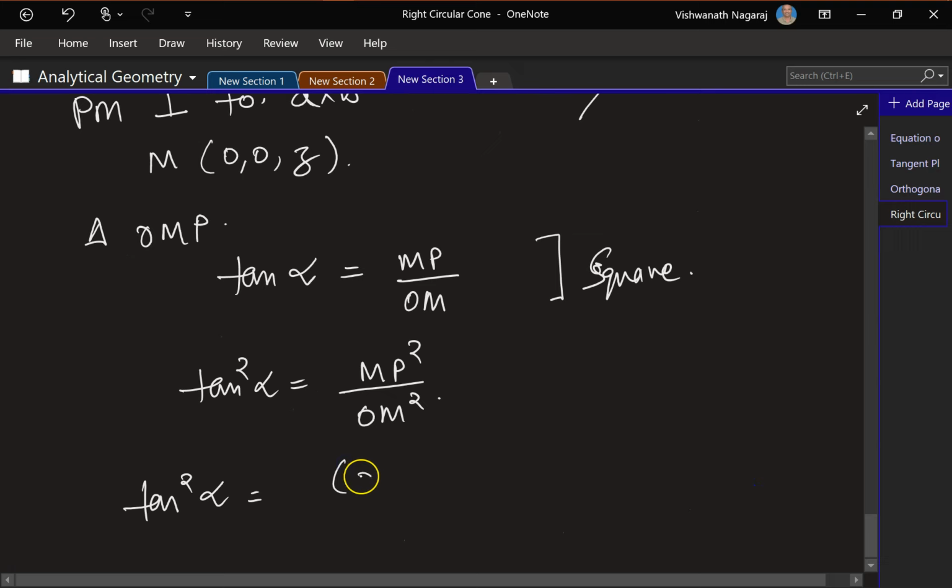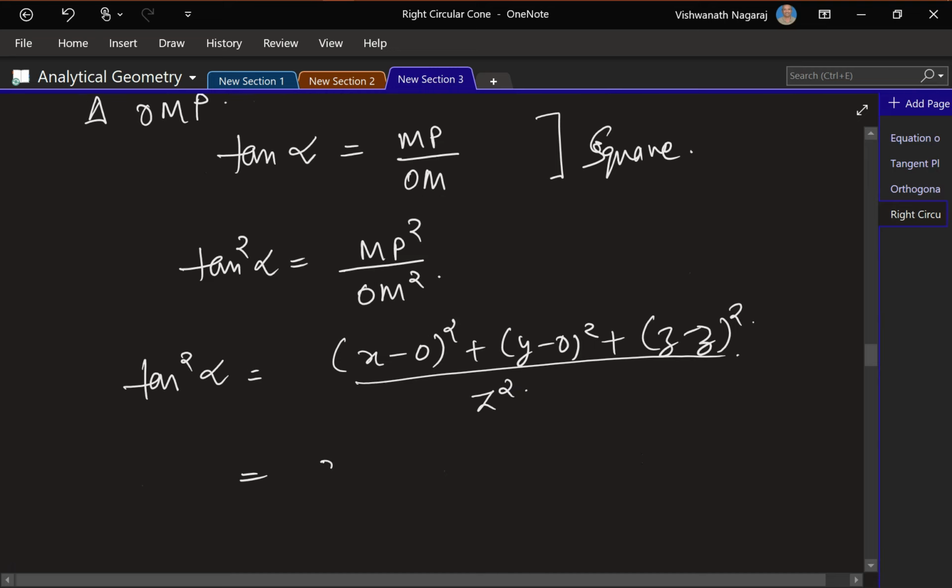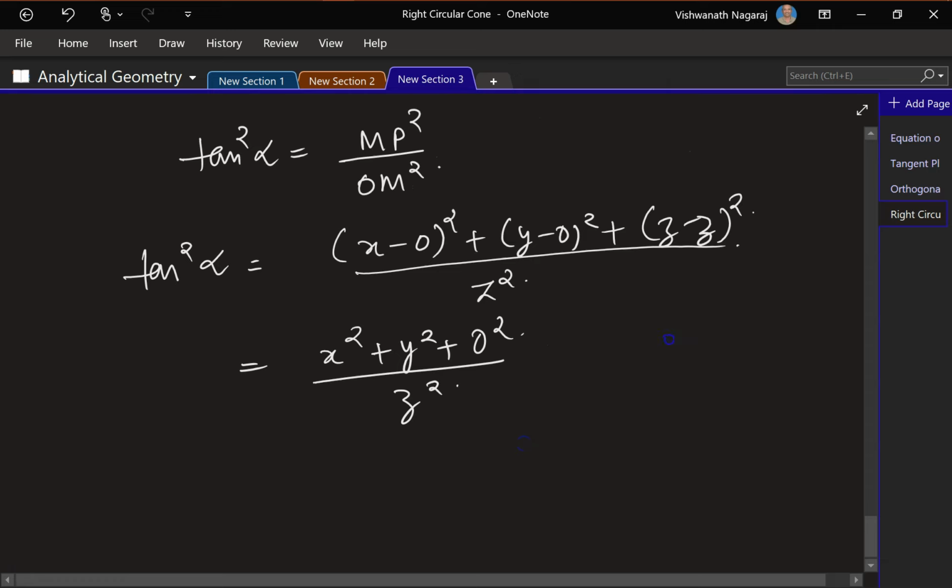MP square would be x minus 0 square plus y minus 0 square plus z minus z square, divided by OM square. OM square would be z square. So this would be x square plus y square plus 0 square by z square. So z square tan square alpha is equal to x square plus y square.